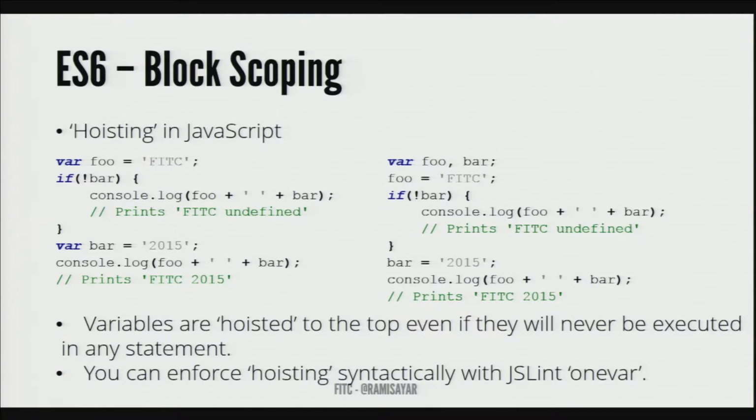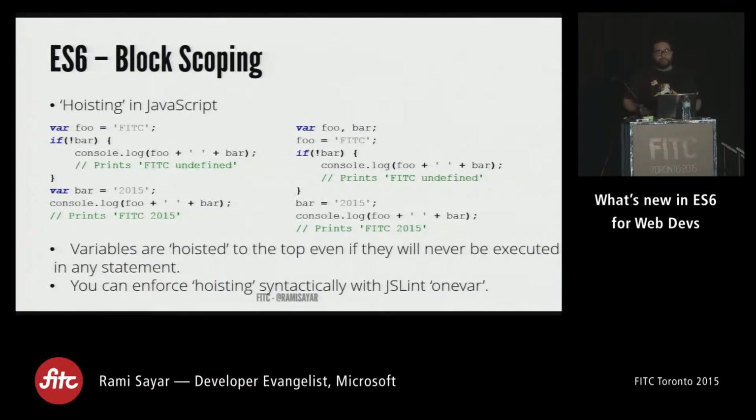They're hoisted to the top, even if that variable never actually gets executed. Funny feature of the language. If you understand that this is happening, you can actually enforce it with some of the linting tools that you have, like JSLint. You can pass it an option that will then force one var at the top of every single function, because that's fundamentally what JavaScript is doing.